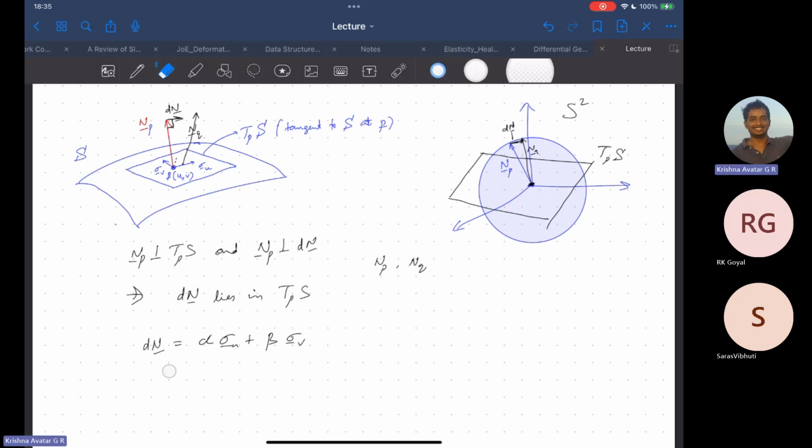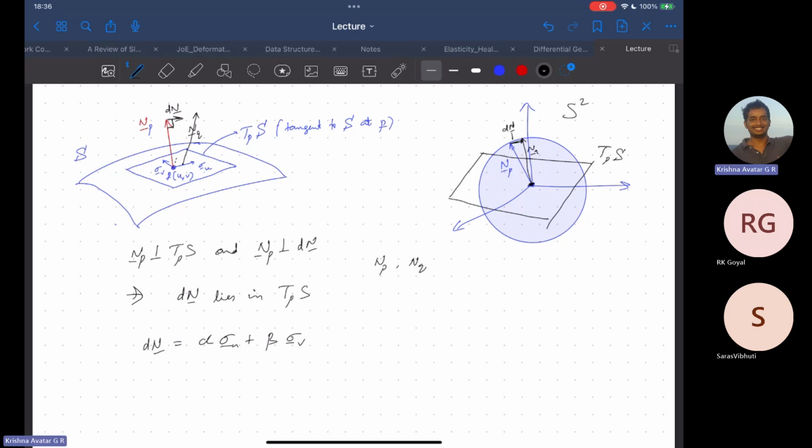And if you have a gamma times the n vector, this simply means that gamma is equal to 0, because the dn vector has no component along the n vector. This is the whole point of saying this.